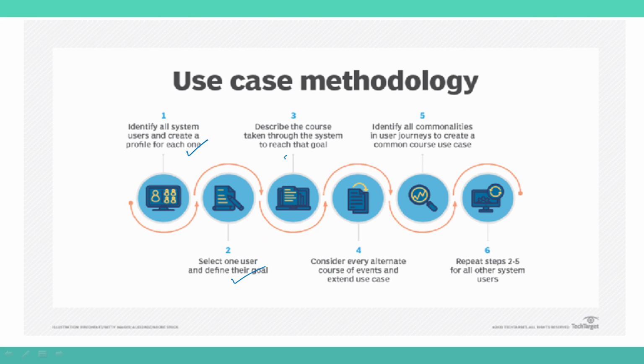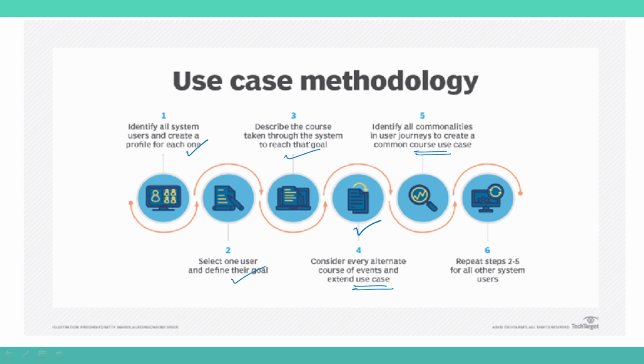And consider every alternate course of events, that is the extended use cases. So the major deviations that can come should be identified. Identify all commonalities in user journeys to create a common course use case. That is, if all the users have a common operation in nature, then identify that.